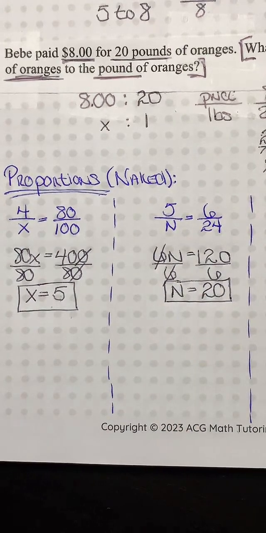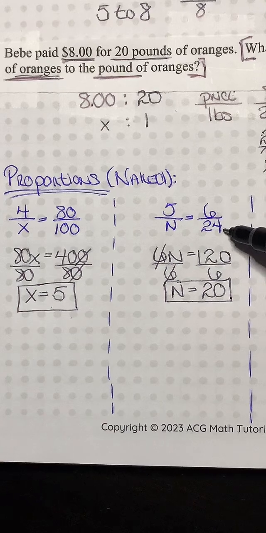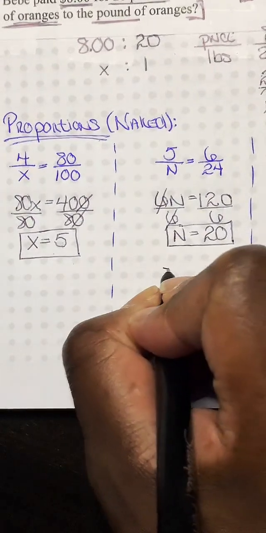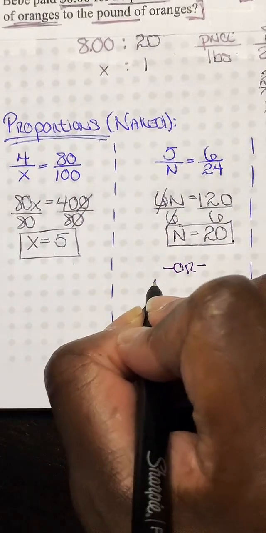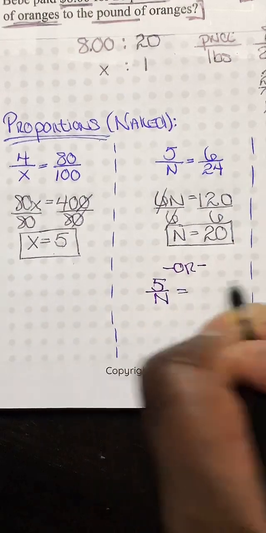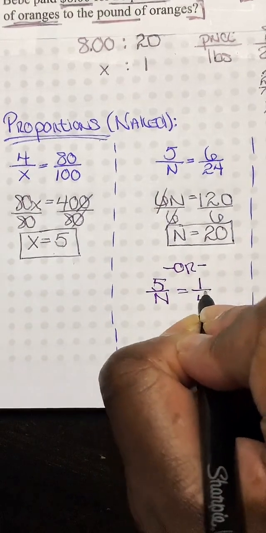But like I mentioned earlier, we could have simplified the 6/24ths. So let me put that under here. So if I kept my 5/n, and if I reduced my 6/24ths, that would give me 1/4.